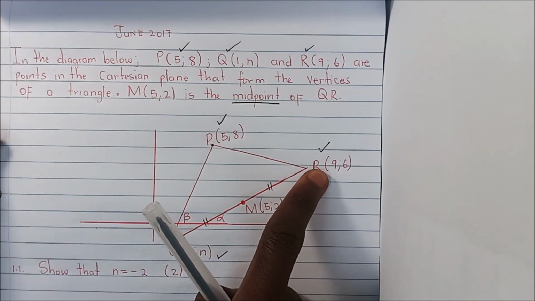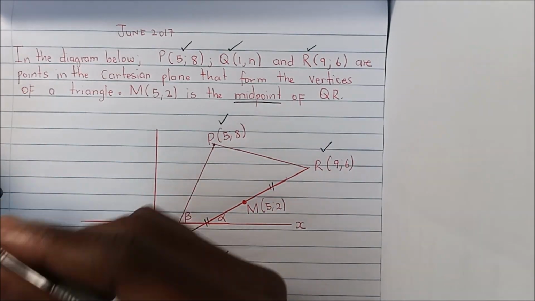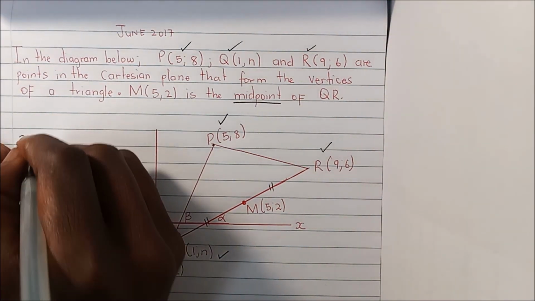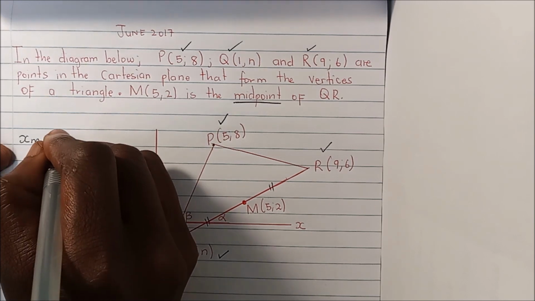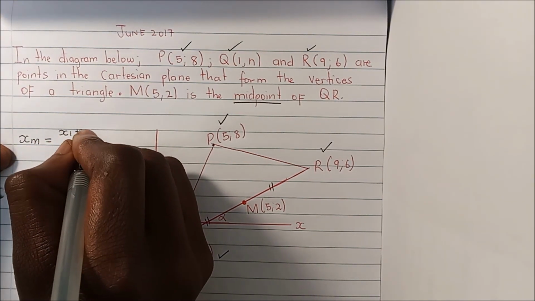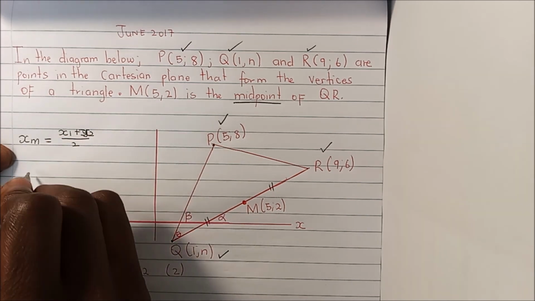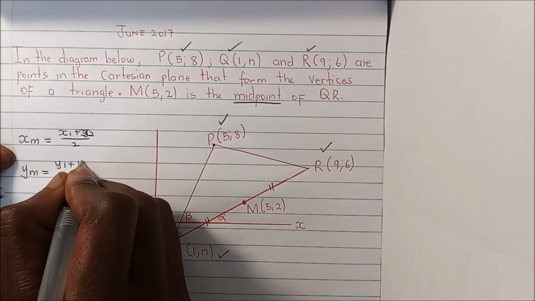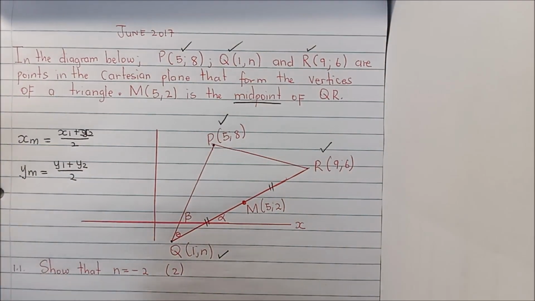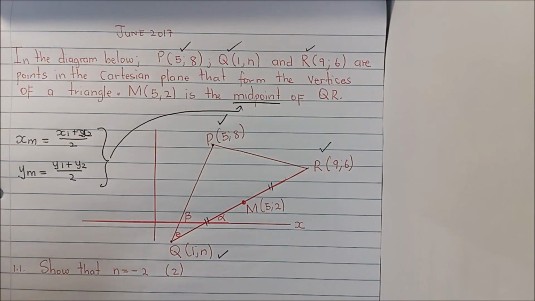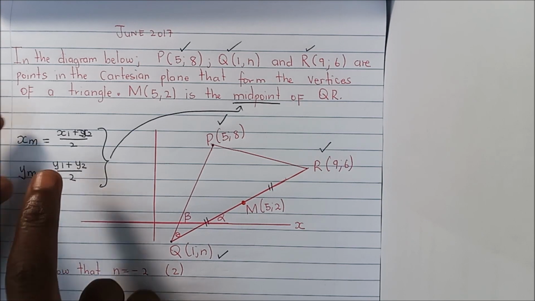When they talk about the midpoint, the formula that we have to make use of is this one: xm equals (x1 plus x2) divided by 2, and ym equals (y1 plus y2) over 2. So this is for the midpoint, because they talked about the midpoint. Now we know we are going to use this formula.